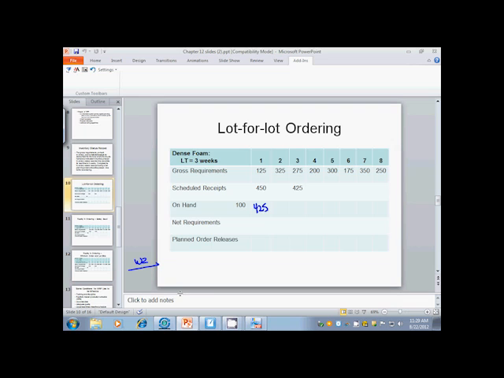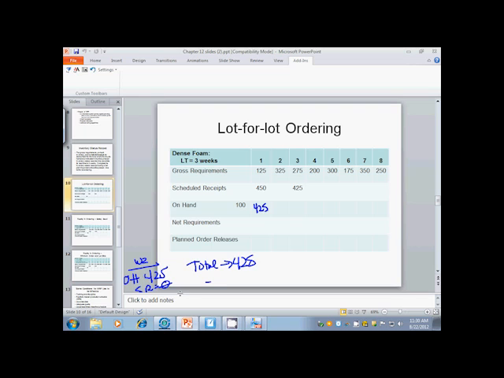For week 2, we're looking at the end of week 1. On hand, we had 425 units. Our scheduled receipts are 0. So that gives us a total of 425 units to use.